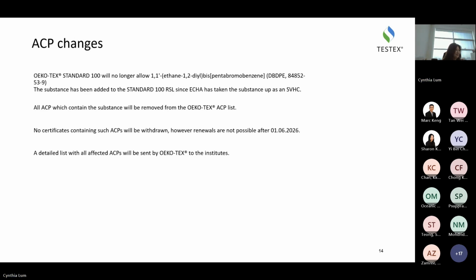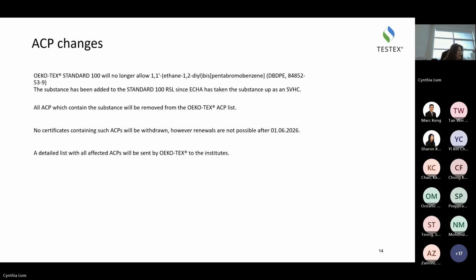So ACP changes. This is the active chemical products. So DBDPE, which is listed under ACP, will no longer be allowed and will therefore be removed from the ACP platform on the OEKO TEX website.